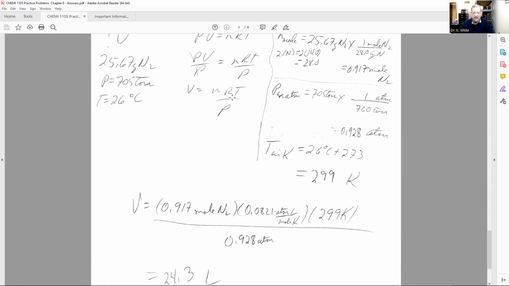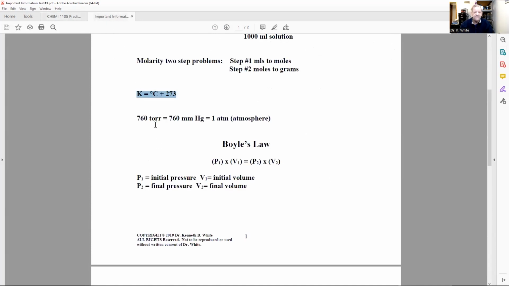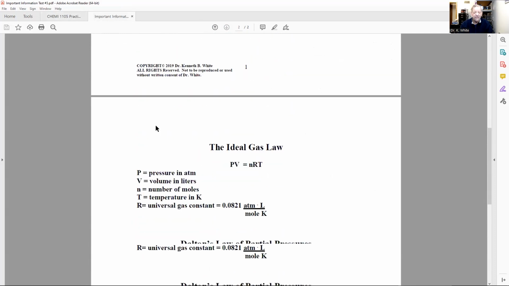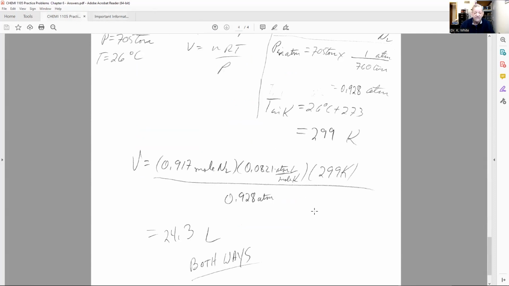Now I use PV equals nRT, V equals nRT over P. Put in N, put in R, in case you forgot R. It's given right here, 0.0821 atmospheres liters per mole K. And then temperature, 299, and pressure, this.